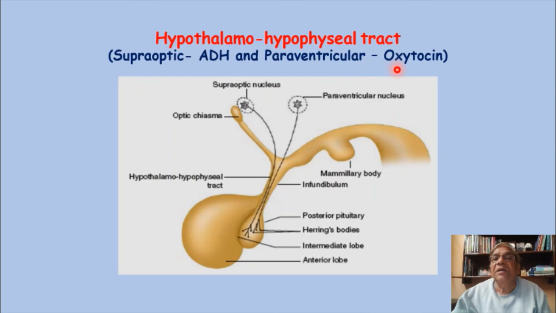Smooth muscle contracts very vigorously during childbirth, and if the contraction is weak, an oxytocin injection is given. Oxytocin also acts in a mild way on the nipple when the child is sucking the milk, so the nipple gets erected because it also contains smooth muscle.